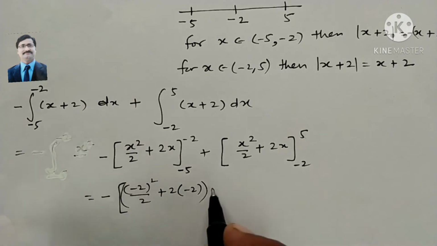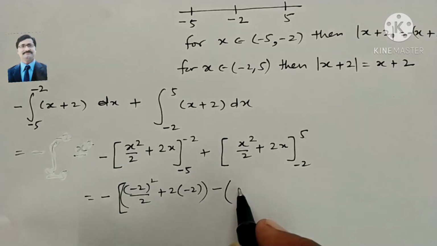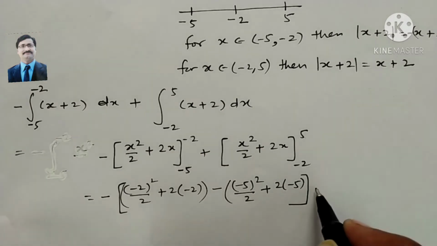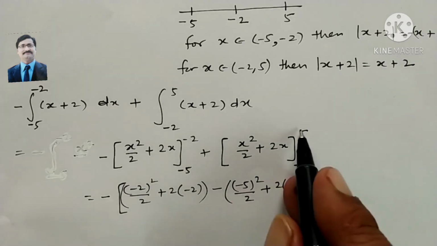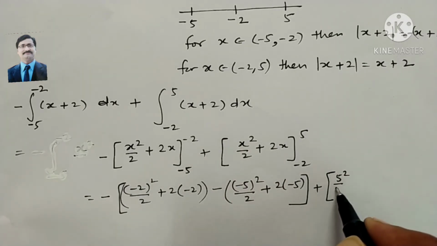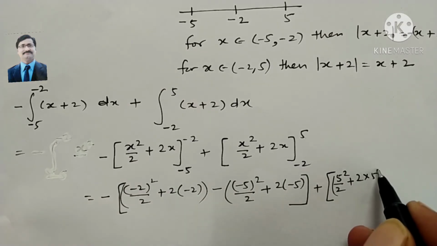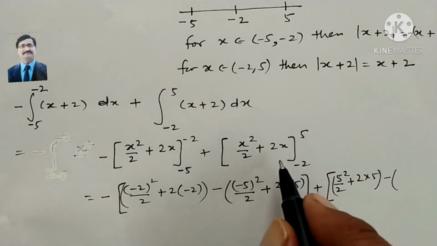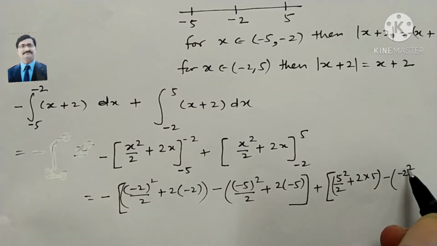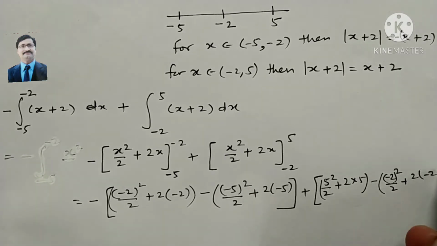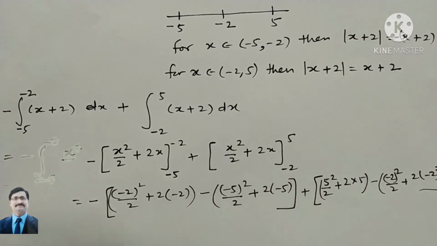Then minus, we put minus 5: minus 5 square upon 2 plus 2 into minus 5, whole bracket as it is. Now we put 5: 5 square upon 2 plus 2 into 5, and minus, we put minus 2: minus 2 square upon 2 plus 2 into minus 2, and the whole bracket closes.